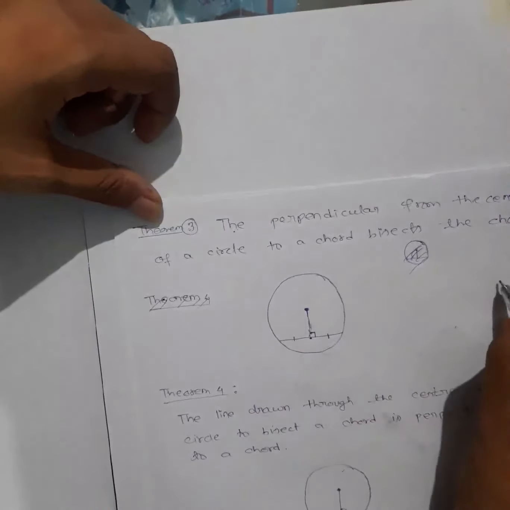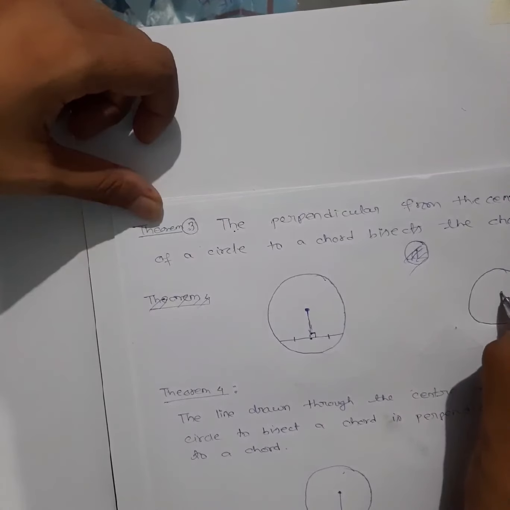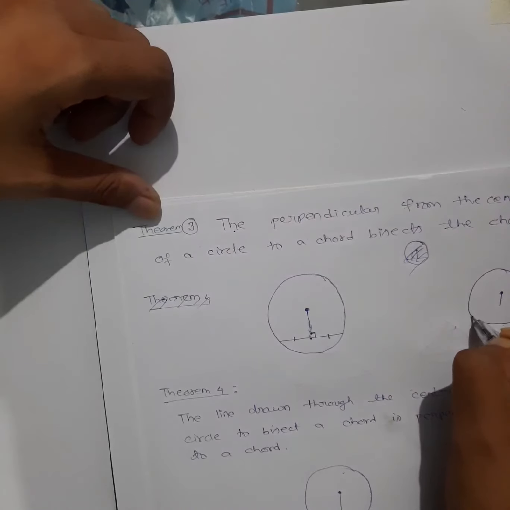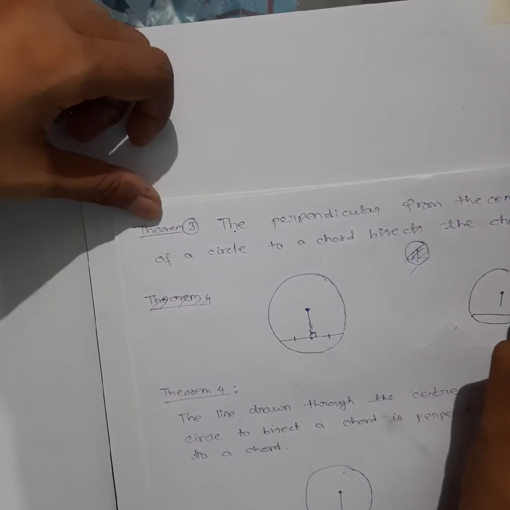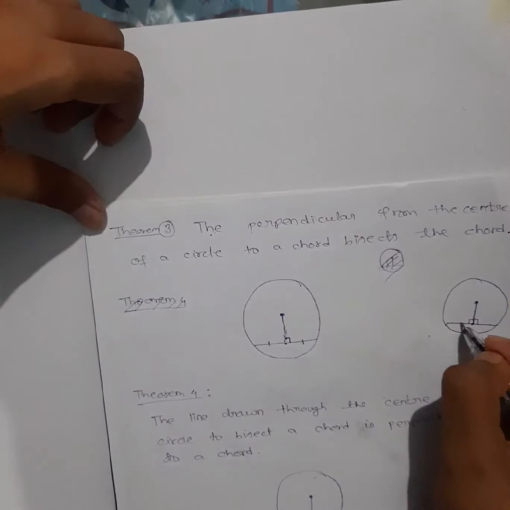So means if you have a circle, okay, and if you draw from the center a perpendicular to one of the chords. So suppose there is a chord like this, and if you draw a perpendicular from the center to this chord, then remember this line will always bisect this chord.